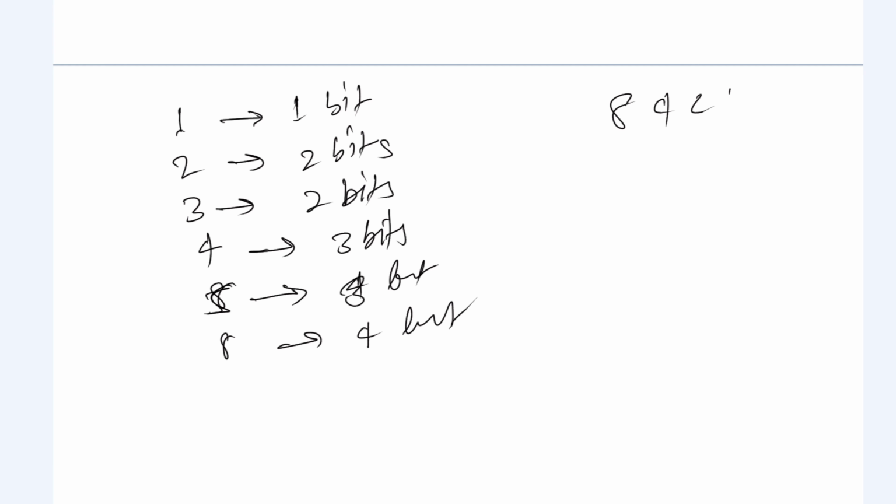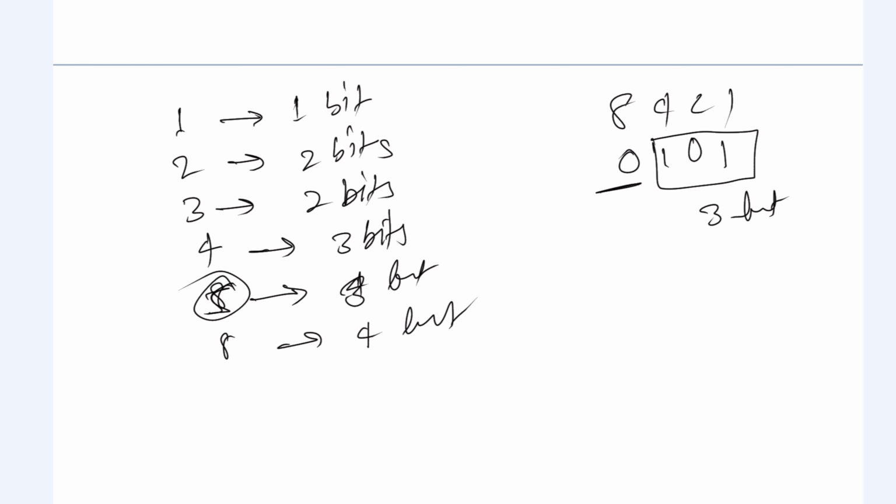If you need 5, it is 101, so you take from here to here, and it's 3 bits. No need to take the leading zeros. If we want 2, you need only 10, so 2 bits.